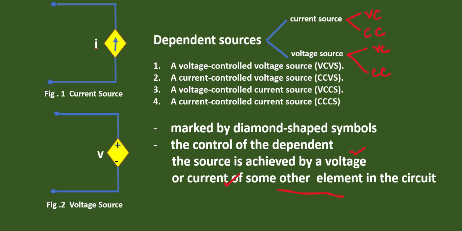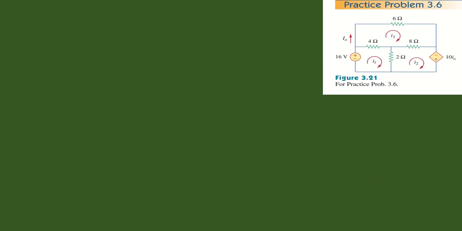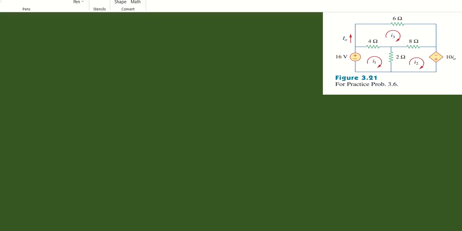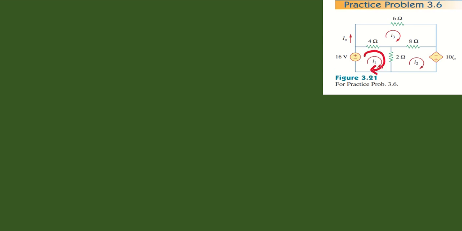Now we'll try to solve this problem. So using mesh analysis we are going to solve this. We'll check this first loop, in which current I1 is flowing.